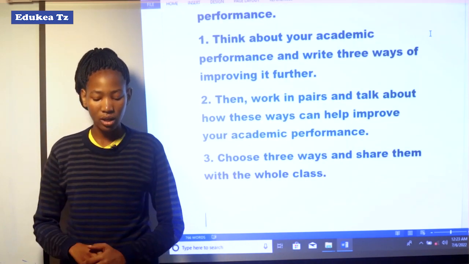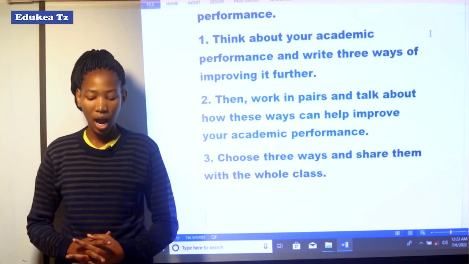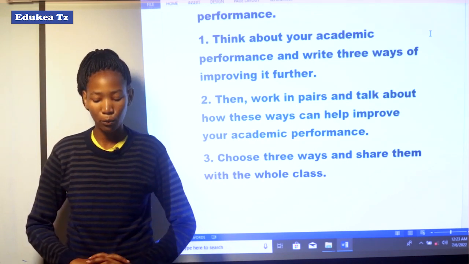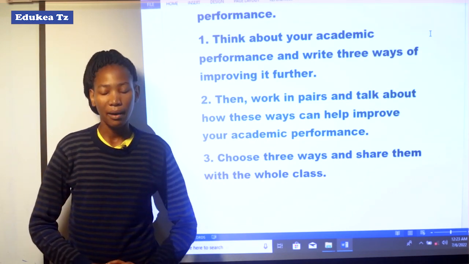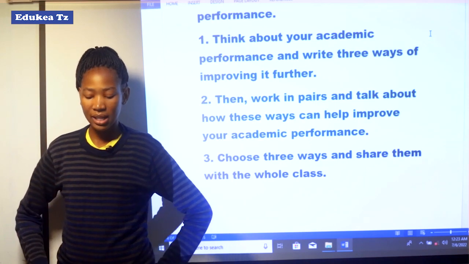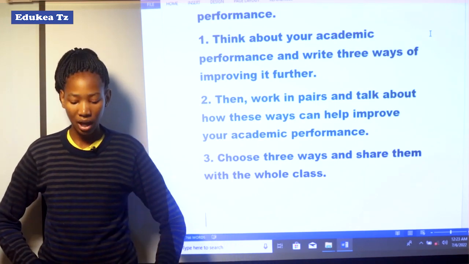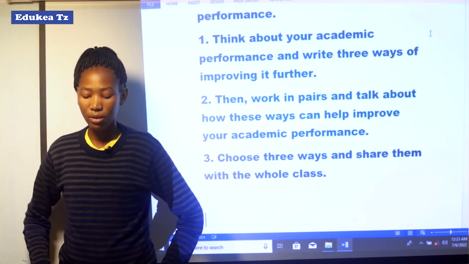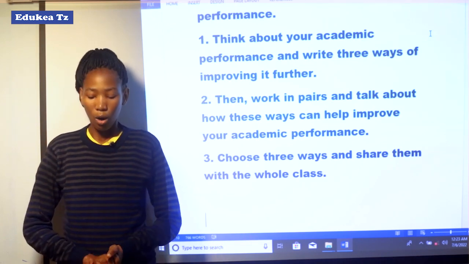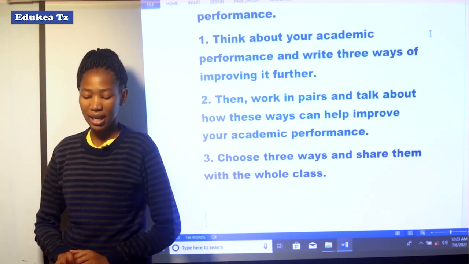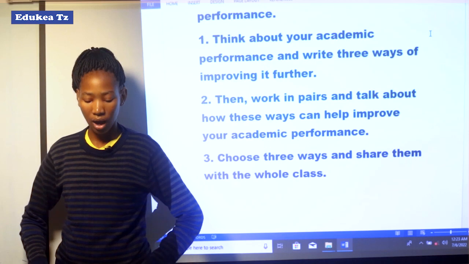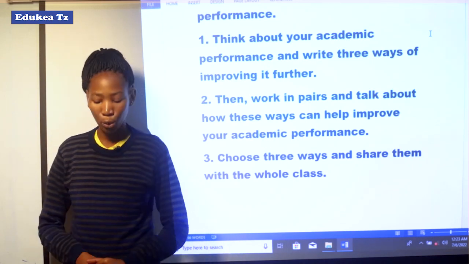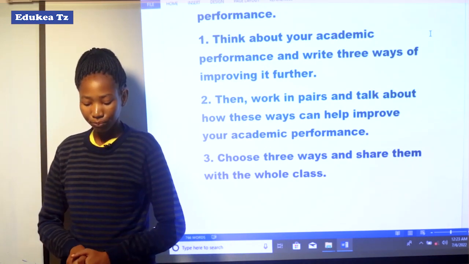Question number 2 is then work in pairs and talk about how these ways can help improve your academic performance. After thinking of your academic performance, mention ways you can improve it.